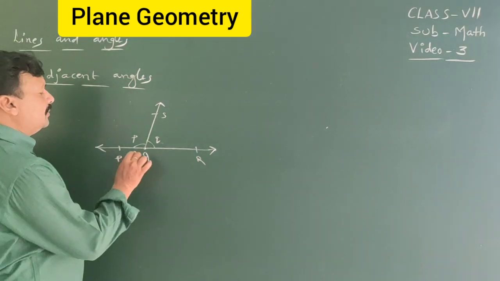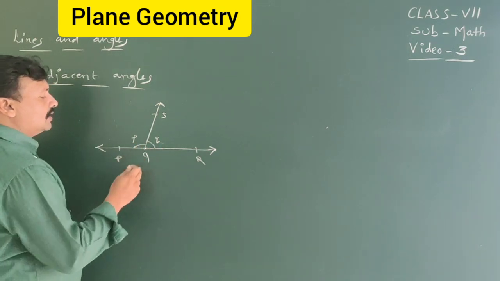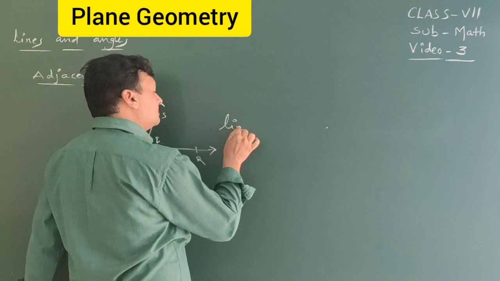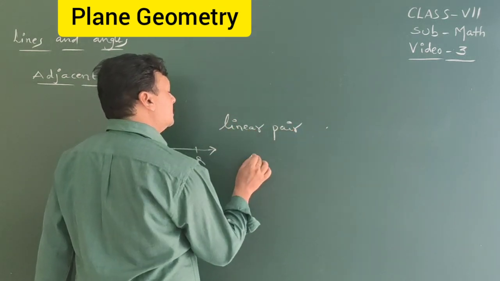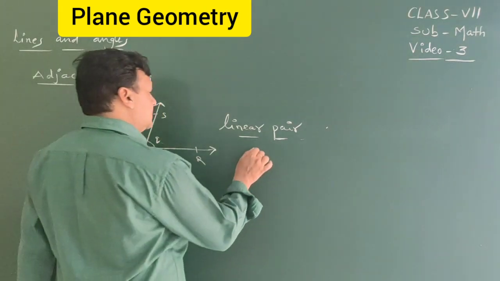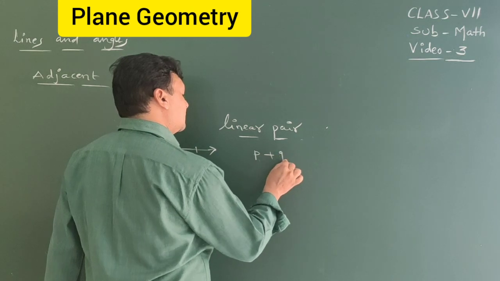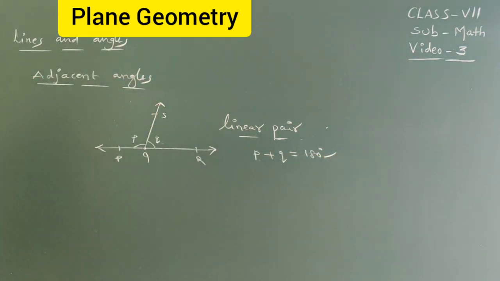If any pair of adjacent angles form a straight line, they are a linear pair. Linear pair means P plus Q equals 180 degrees. Two adjacent angles that form a straight line are called a linear pair.